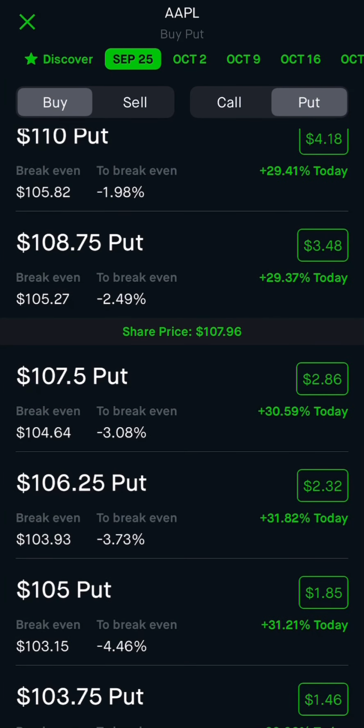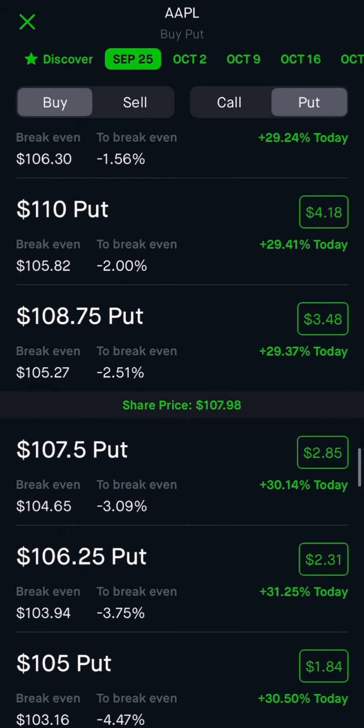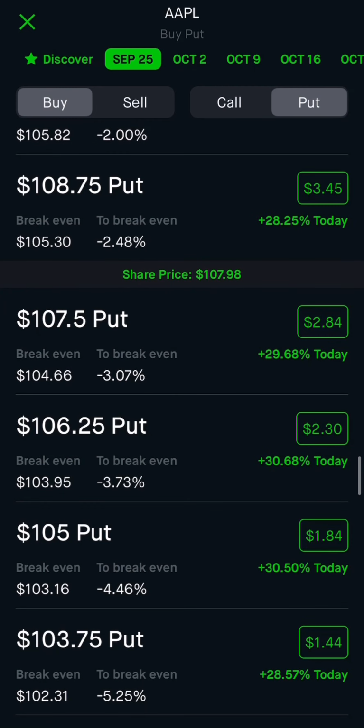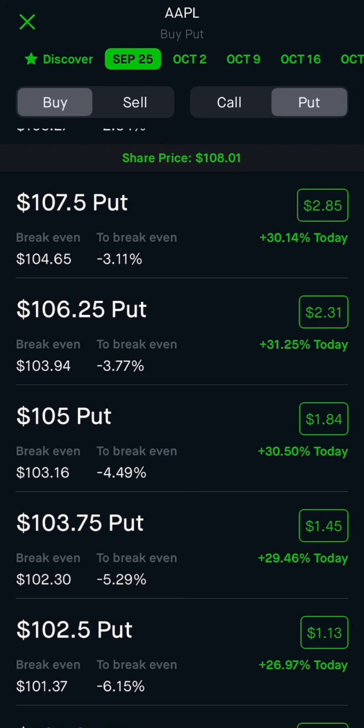So you pick your date first, most important, and then you see the share price, what it's at now, and then you can look at the break even after that, right? So to break even, you need negative 3.7%. So whichever one you want, look at the 103, the break-even price.